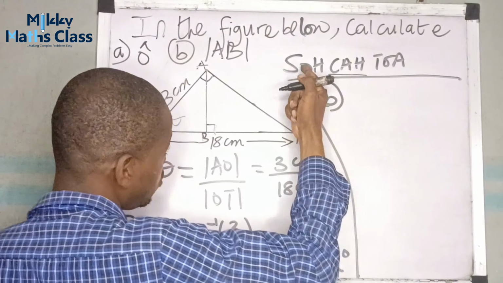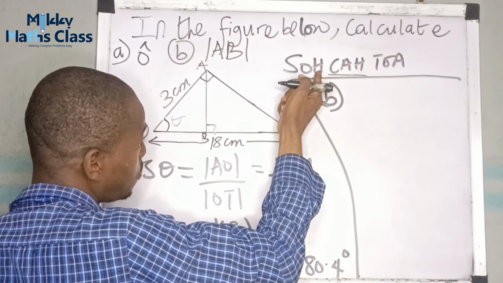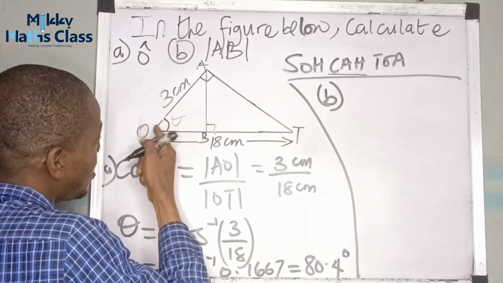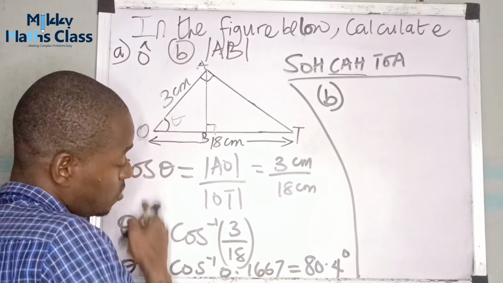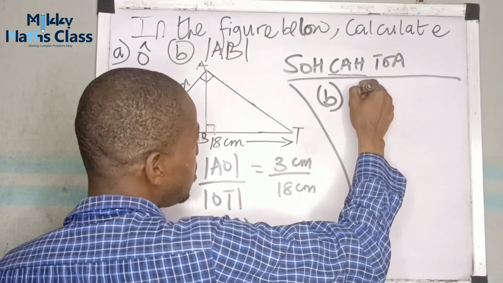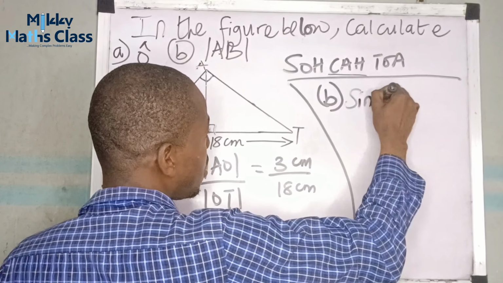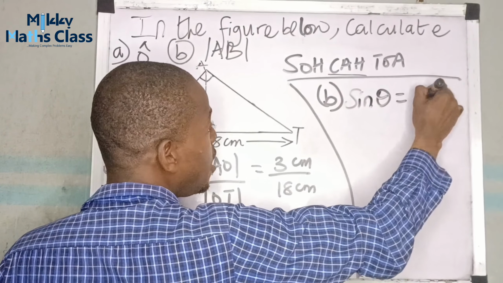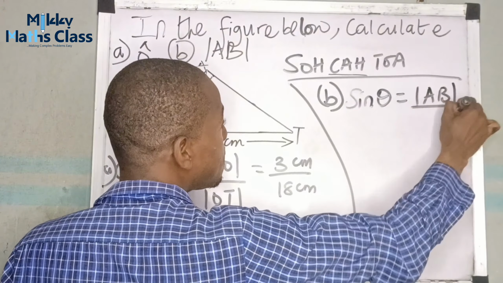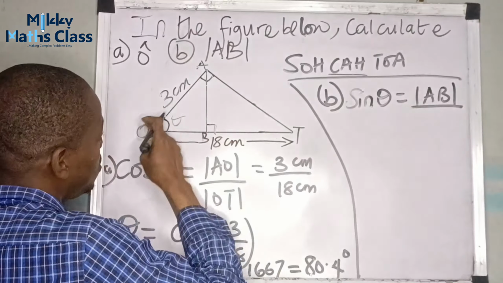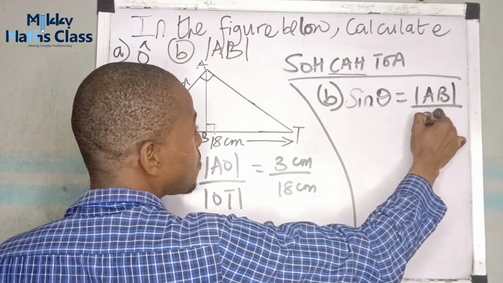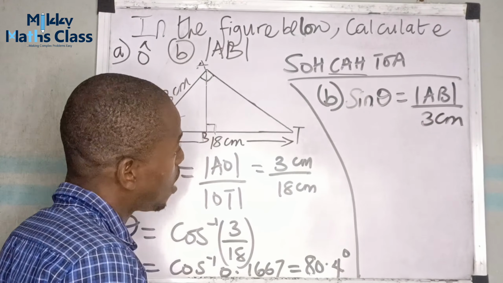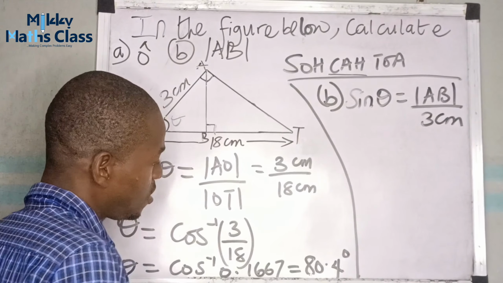So when you have your opposite O and the hypotenuse H, we use sine. So sine theta is equal to the opposite, AB, over the hypotenuse, which in this triangle is 3 centimeters. We already know that theta is 80.4.